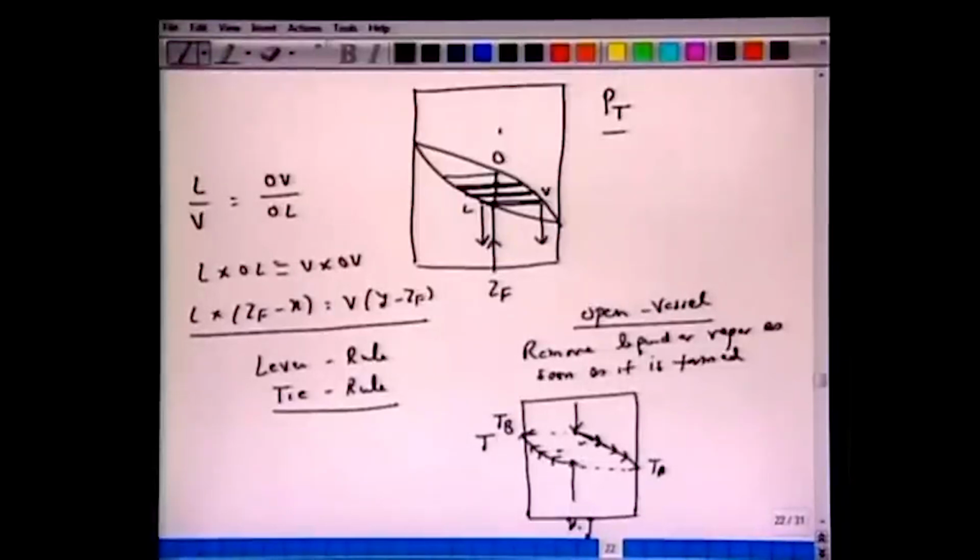Okay. Now what we will do next is show that this Txy diagram one can also obtain from Raoult's law. Experimental observation is one thing. For most of the binary components, you look at Perry's handbook, or you look at Treybal or McCabe-Smith, they have given this Txy diagram.